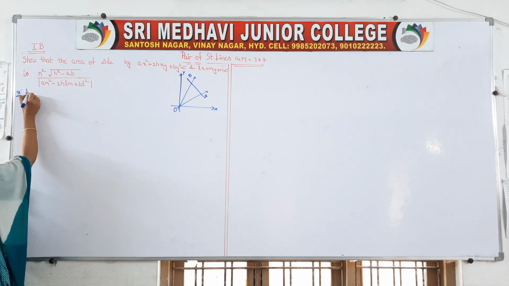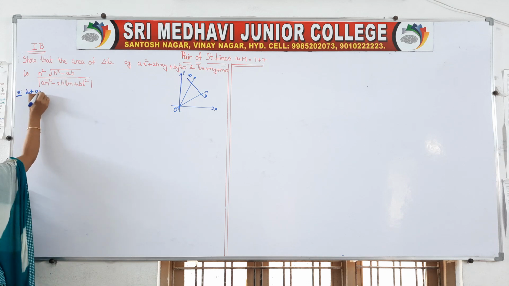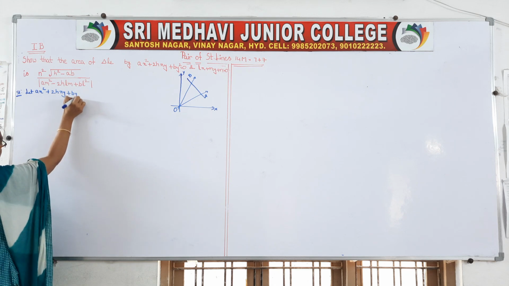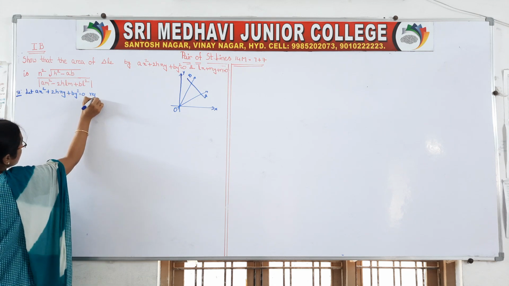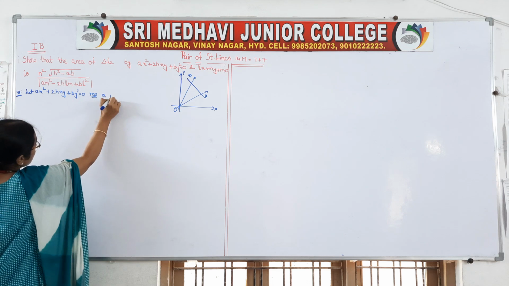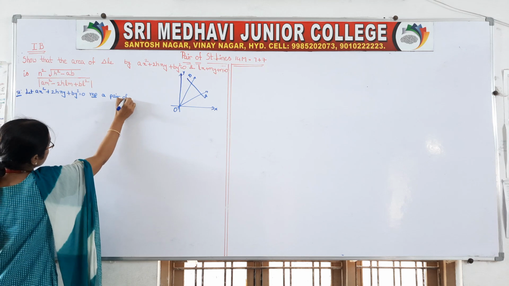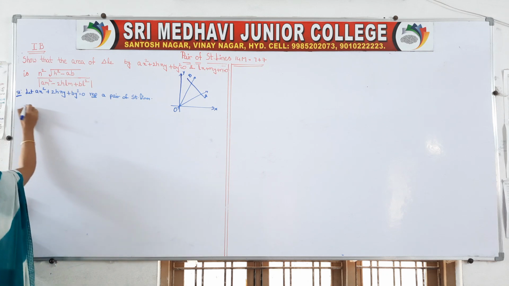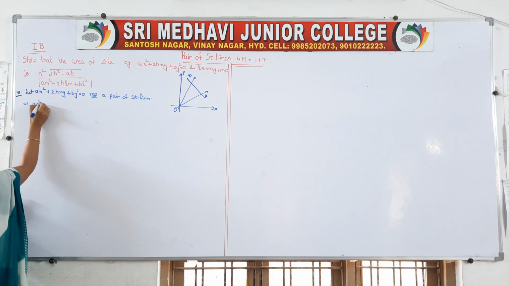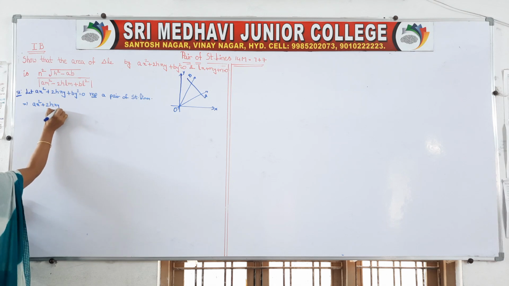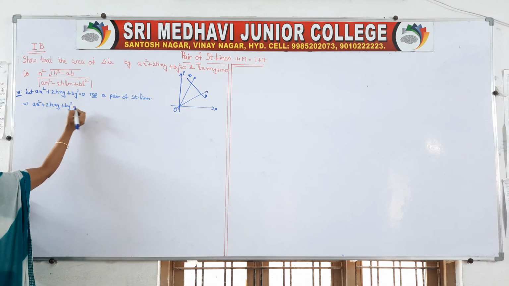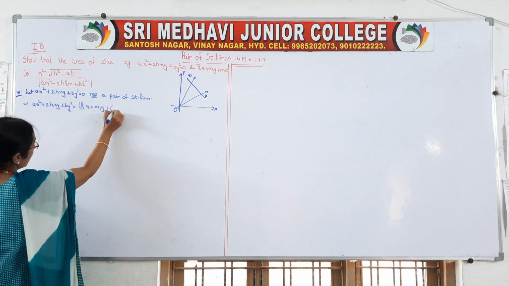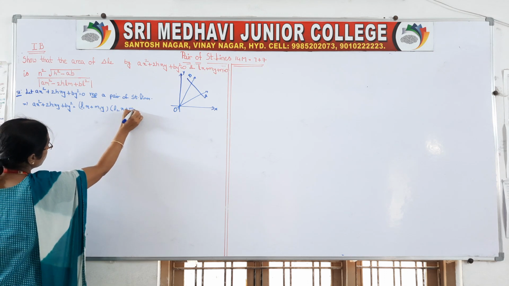So what is the given information to us? Let ax square plus 2hxy plus by square is equal to 0 represent a pair of straight lines. Whenever it represents a pair of straight lines, we write that as a combination of two lines: ax square plus 2hxy plus by square is equal to l1x plus m1y into l2x plus m2y.